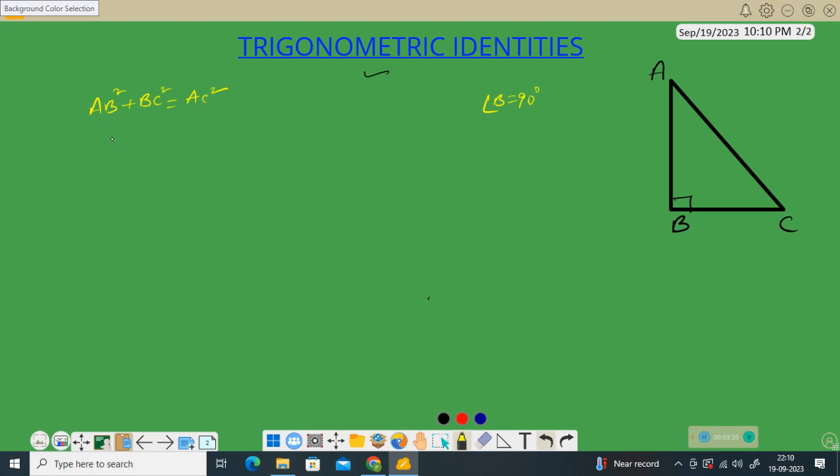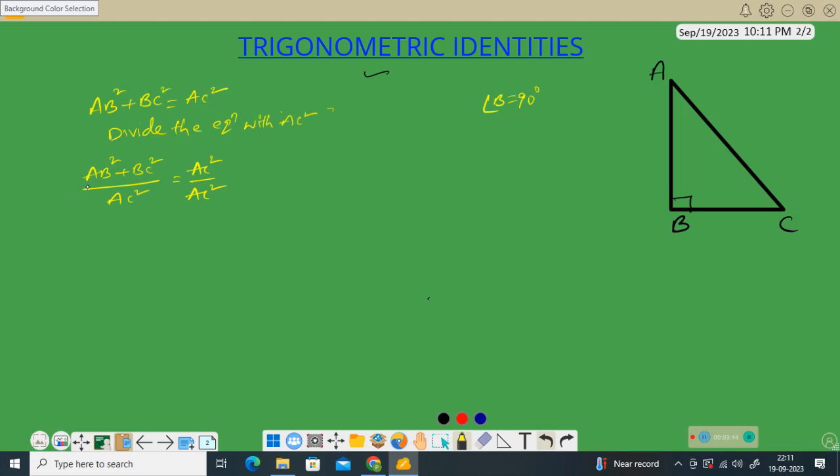Now we divide this whole equation by AC square. We get AB square plus BC square by AC square is equal to AC square by AC square.